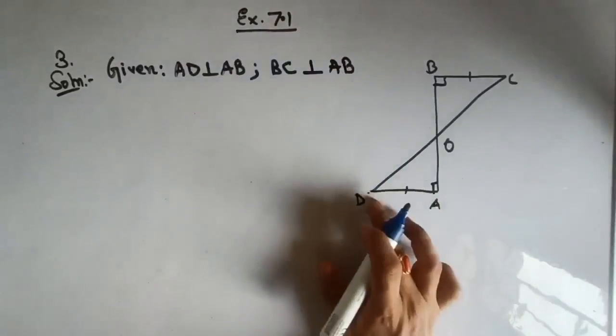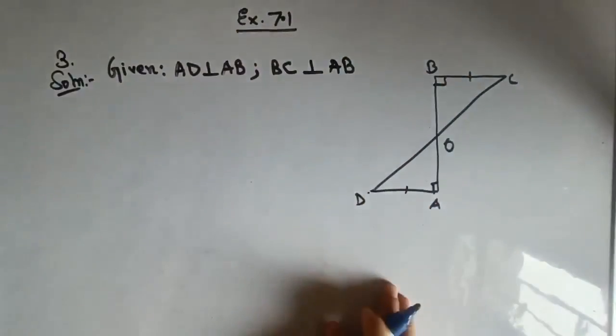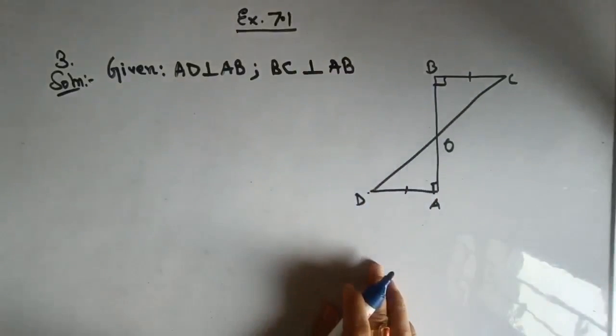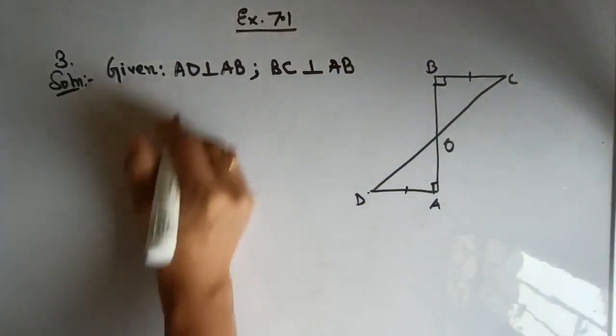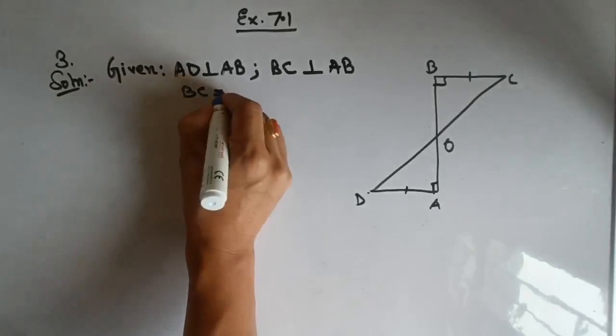So obviously angle A and angle B will be 90 degrees. And also from the figure it is given that BC equal to AD.